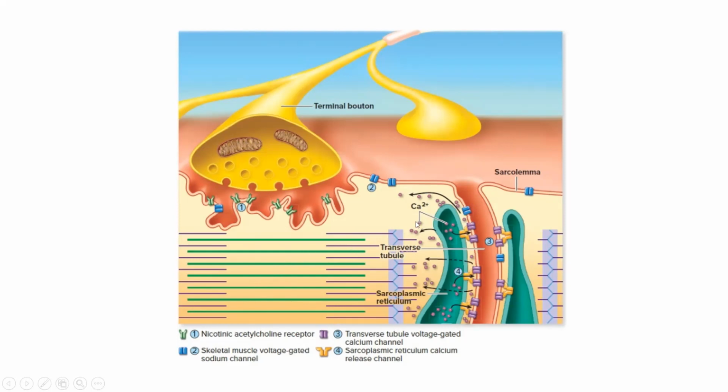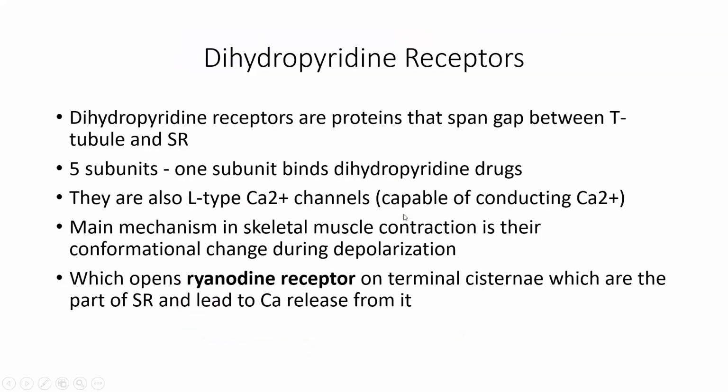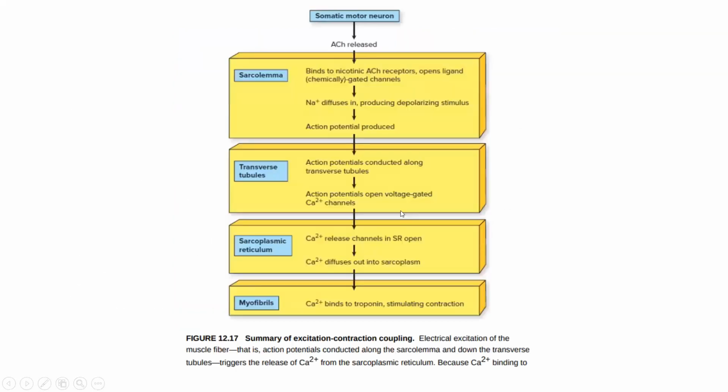And then we described how calcium regulates this whole process. And finally, we described how the calcium level can increase inside the cytosol. Yeah. And this is a sum up slide. This slide sums up the whole process, and this flow chart shows what happens when the acetylcholine is released.